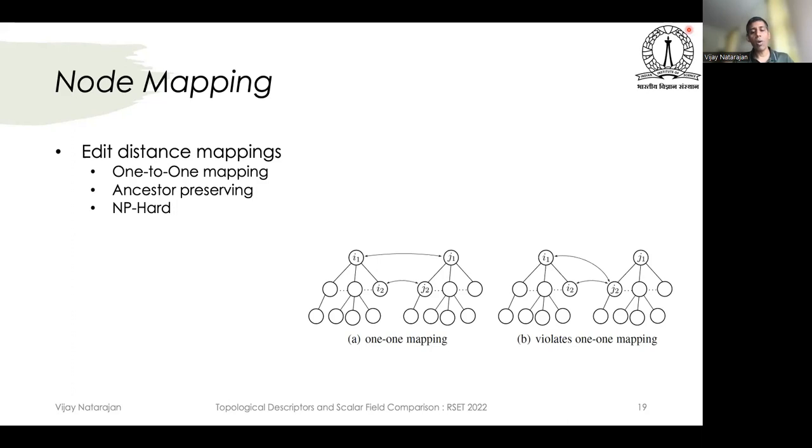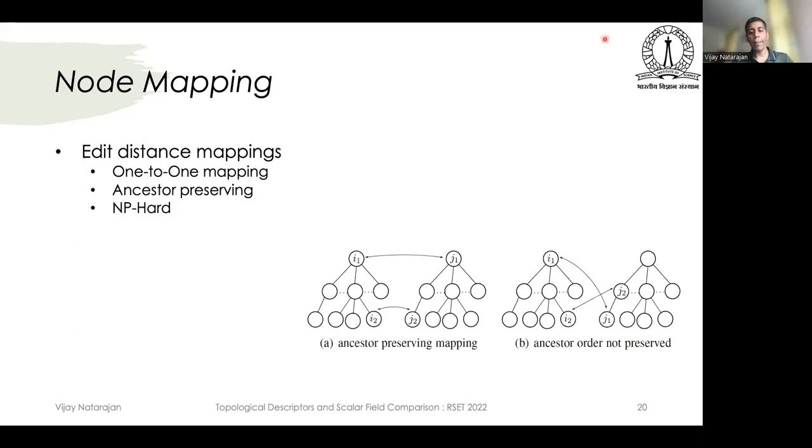We want a node to be mapped to another single node when it's a relabel operation. We do not want many-to-one maps. We want maps to preserve ancestors. So if I2 maps to J2 and I1 maps to J1, further, if I1 is an ancestor of I2, then I want J1 to be an ancestor of J2.